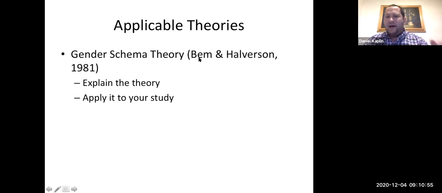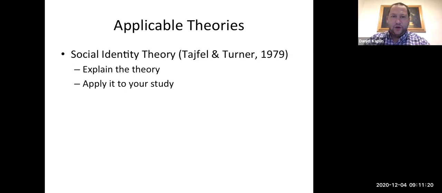And then if you have multiple theories, it's rinse, wash, repeat. So here's another theory, gender schema theory. And then you cite the authors who are the originators of the theory, what the theory does, what it claims, and then apply it to your study. Now, when you're doing your presentation, you're going to remove social identity theory.